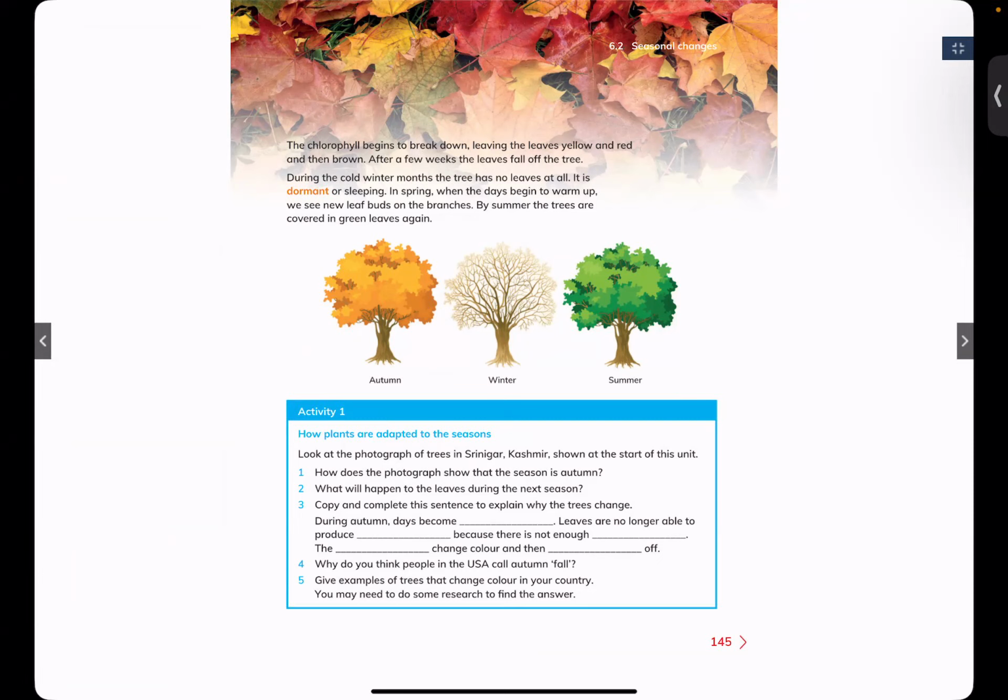And during the cold winter months, the tree has no leaves at all and it is in the dormant state. Now, a question that you may ask, that leaves make food for the plant, right? And without leaves, the plant is going to die. The tree is going to die. Now, this is the adaptation that the tree has undergone, that, during winter season, when there's no leaf, they are going to go in a dormant state.